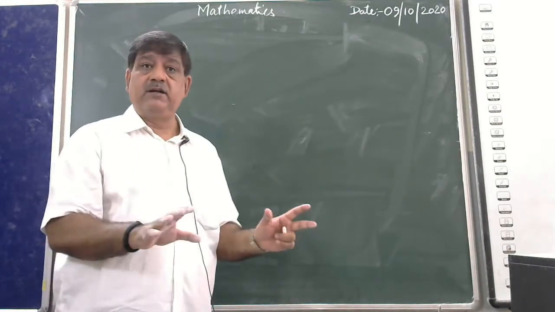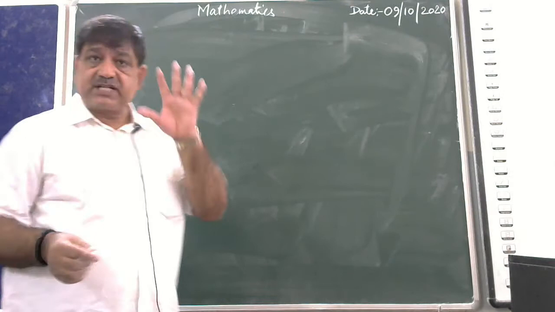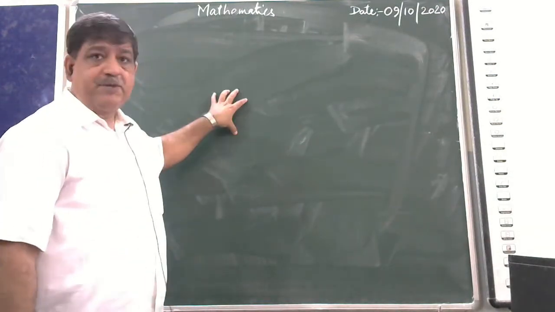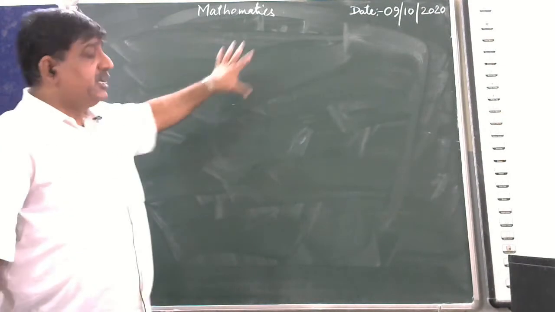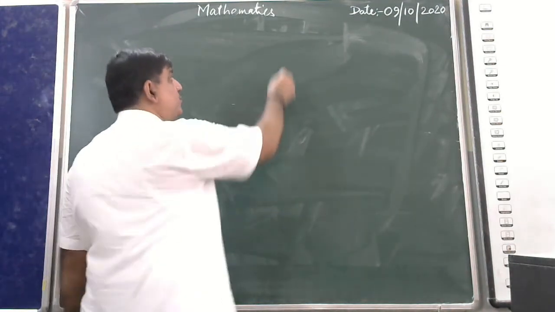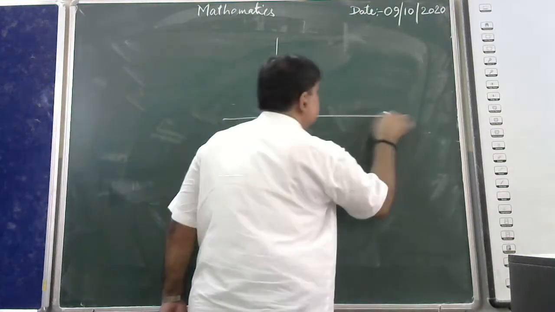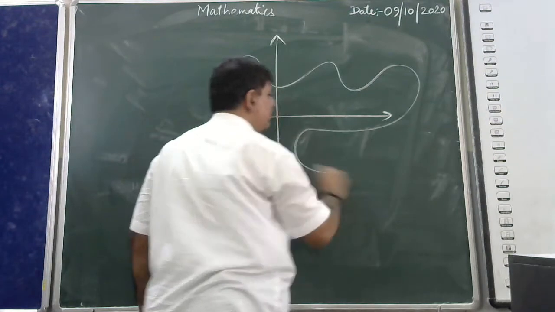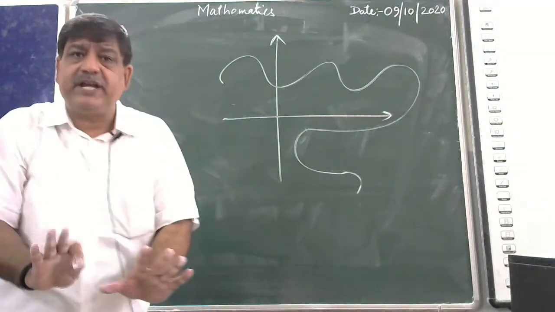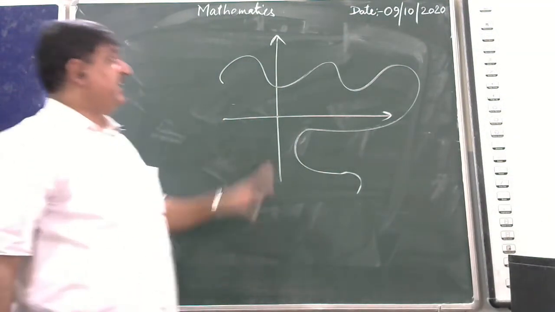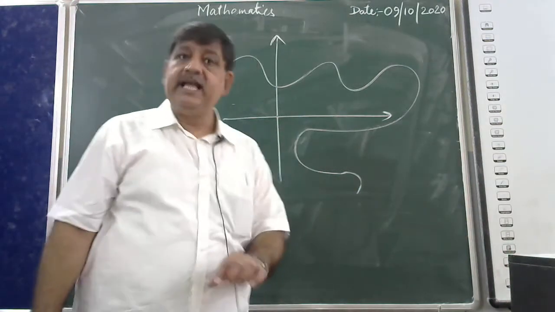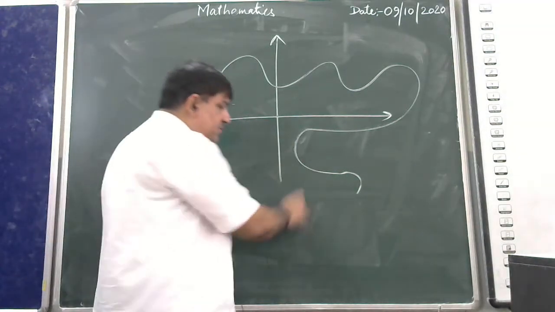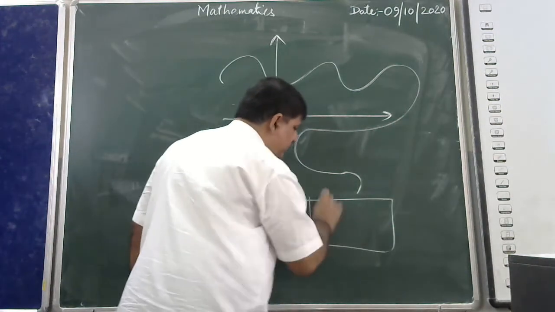So we confine our discussion to geometry of 2 dimensions. In two-dimensional geometry, by choosing two axes, x and y axis, if you draw any zigzag curve, this curve has got some equation. Some equation means a relation in terms of x and y. And after getting that equation, we have to choose different pairs of values of x and y.